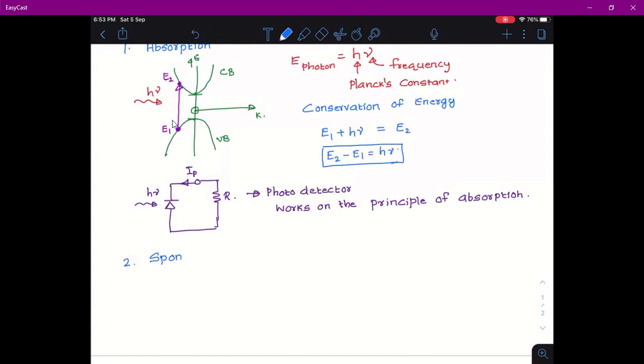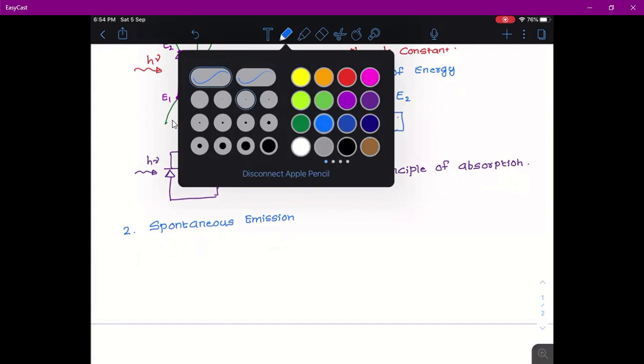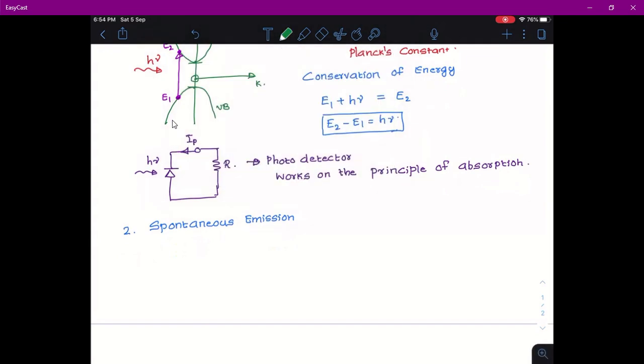So, in a spontaneous emission, let's consider the same direct band gap semiconductor.